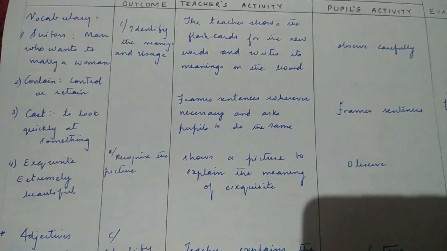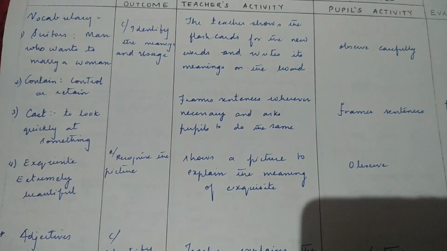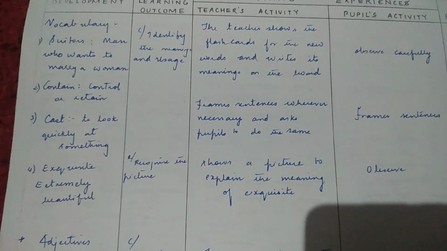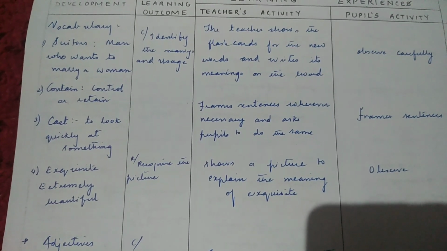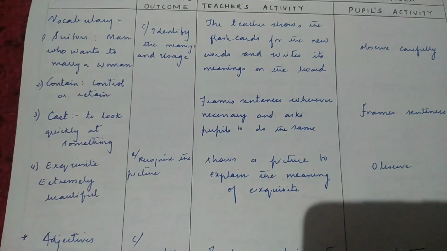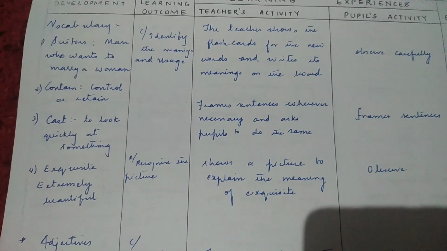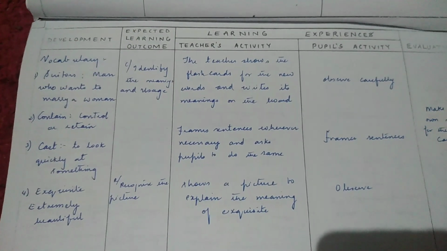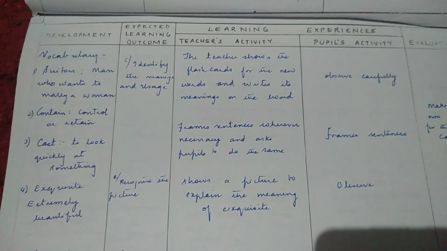And probably you can give a situation using that word. This is how you will introduce a new word to the class. If possible, pictures and situations can be given to make the students understand more.